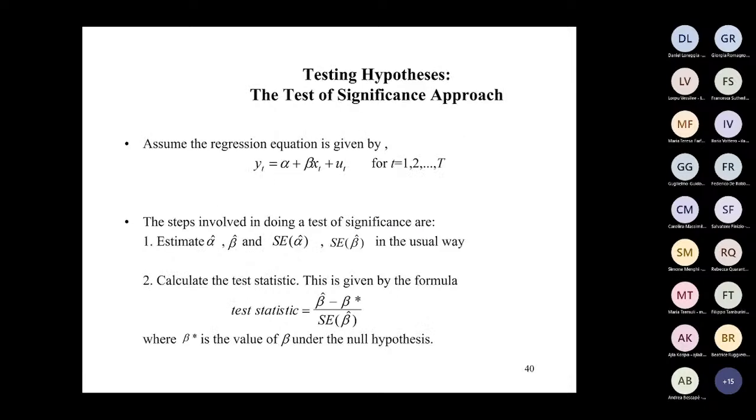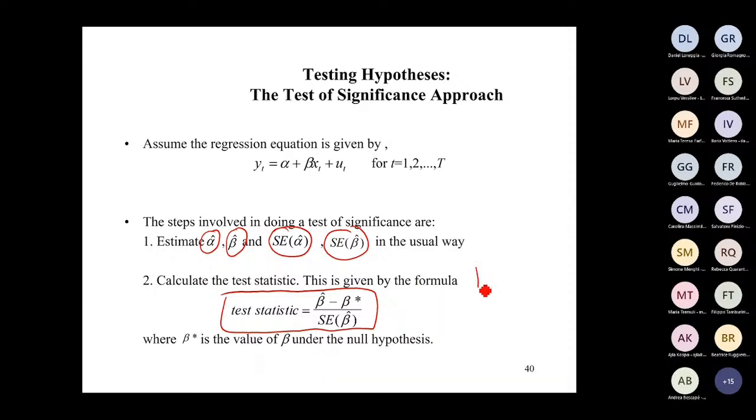Now, in the test of significance approach, in step 1, we need alpha hat, we need beta hat, and we need the standard error of beta hat. The test statistic is based on a ratio where in the numerator we have the estimate beta hat minus the value of beta under the null hypothesis.